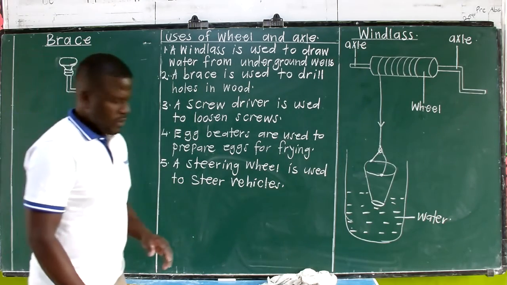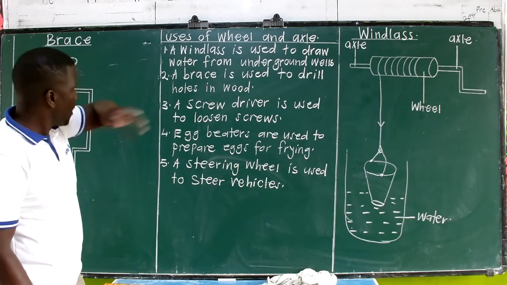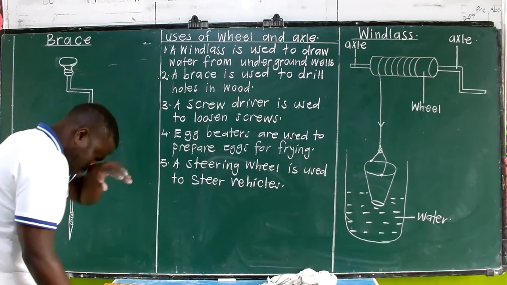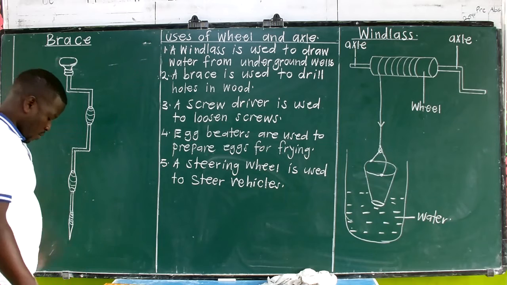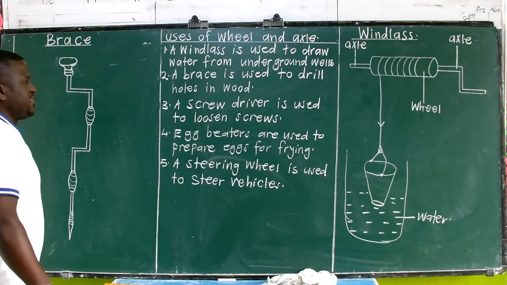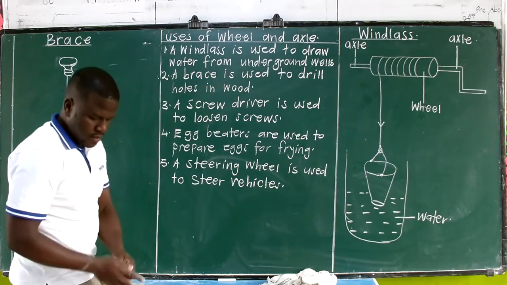So that's how wheel and axle is important. One will say the windlass is used to draw water from underground wells.